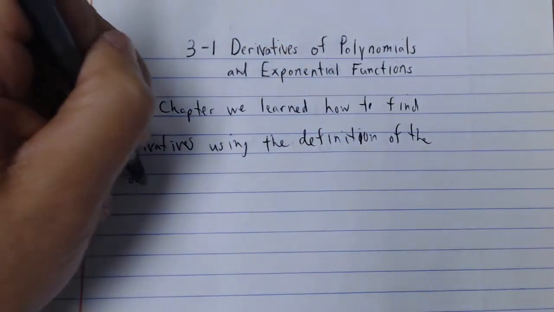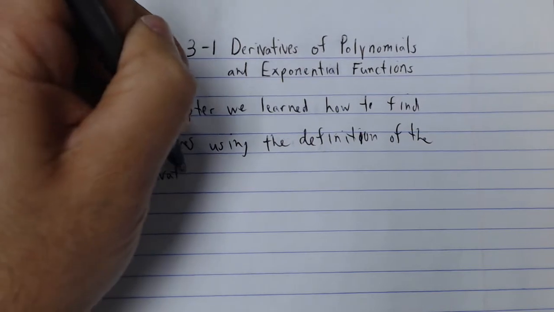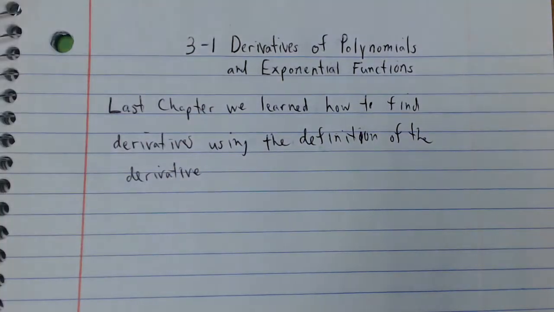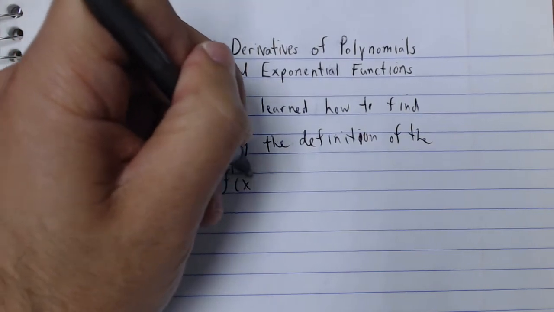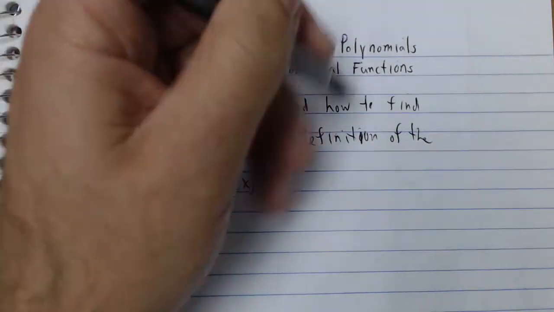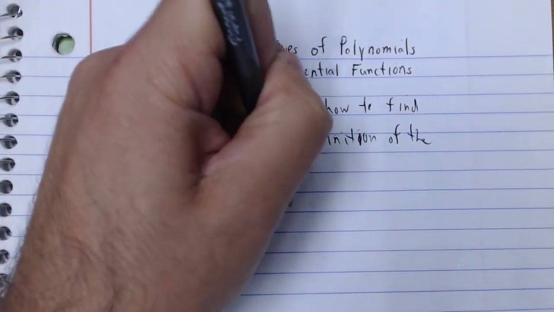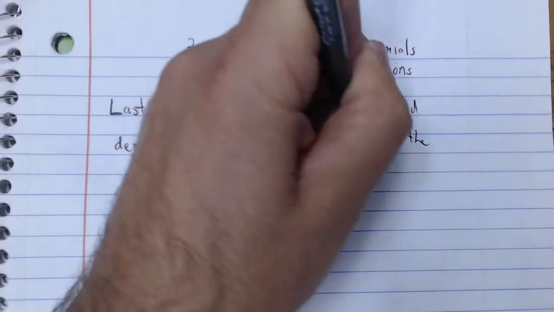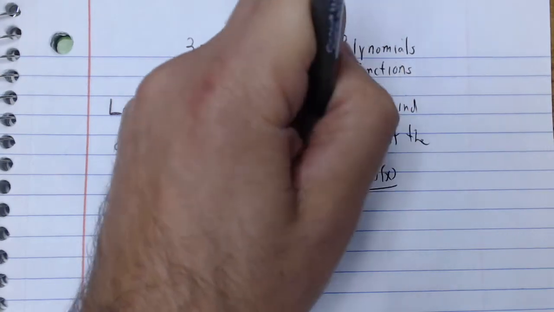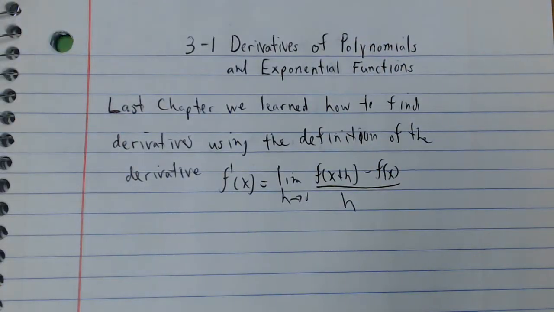And if you remember, and I'm sure you do because we don't learn to forget, right? The derivative we defined in last chapter as the limit as h approaches 0 of f of x plus h minus f of x all over h. Okay, so this is by definition.